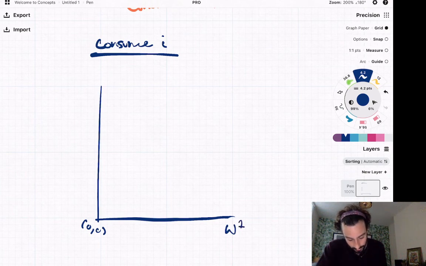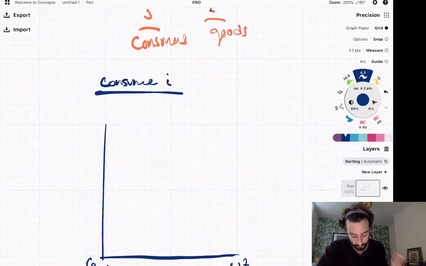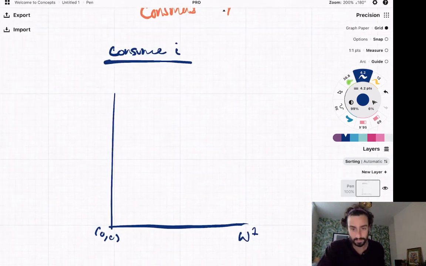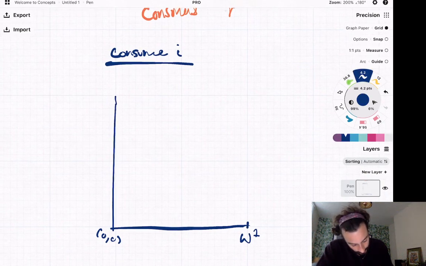Omega 1 is the total amount available in the good 1 market. So the maximum amount of good 1 that's feasible is this point here, omega 1. And likewise, we can draw the maximum amount for good 2, which is just omega 2.